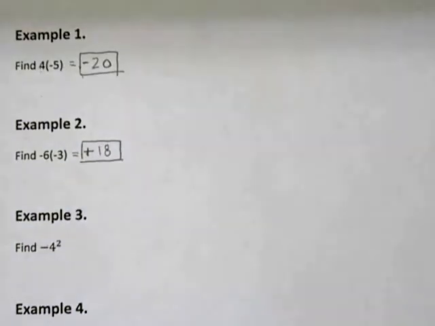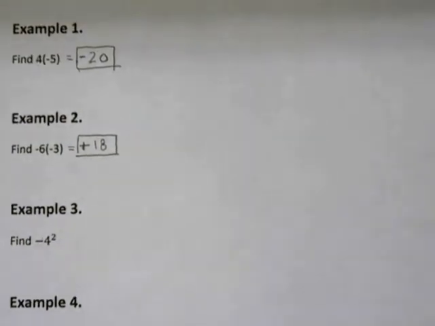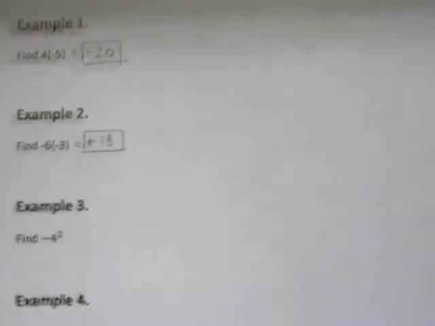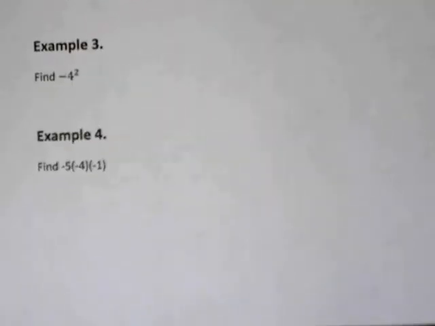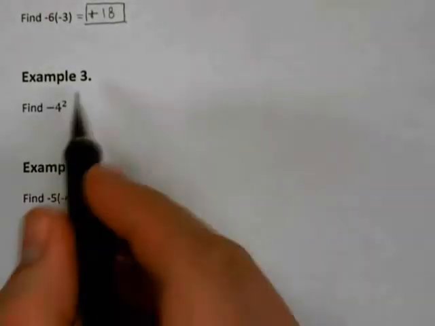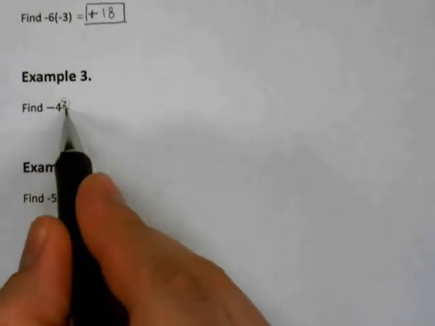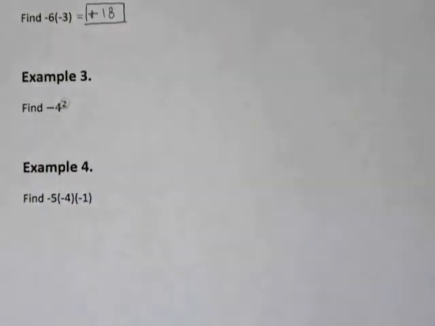Now we're going to get into a little bit more tricky stuff. We have negative 4 squared. This little number is called an exponent. It's the little number up in the right-hand corner of your whole number.